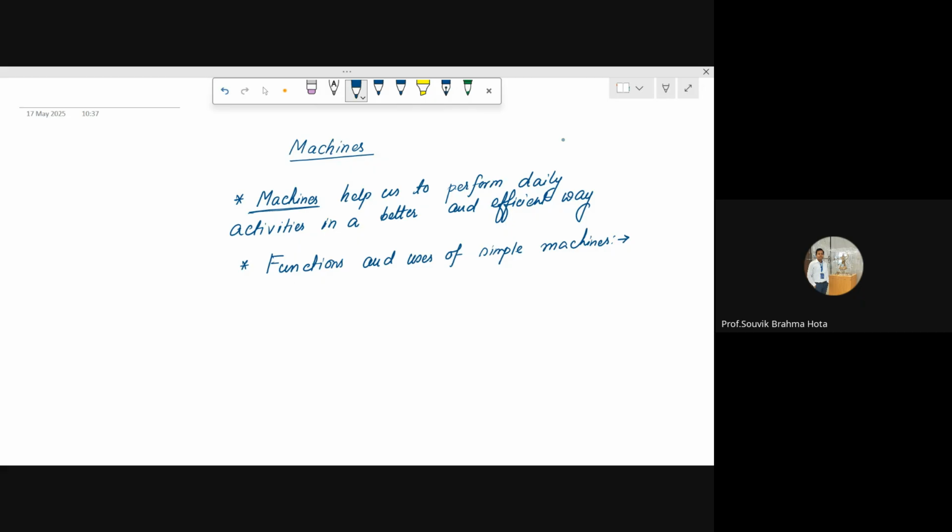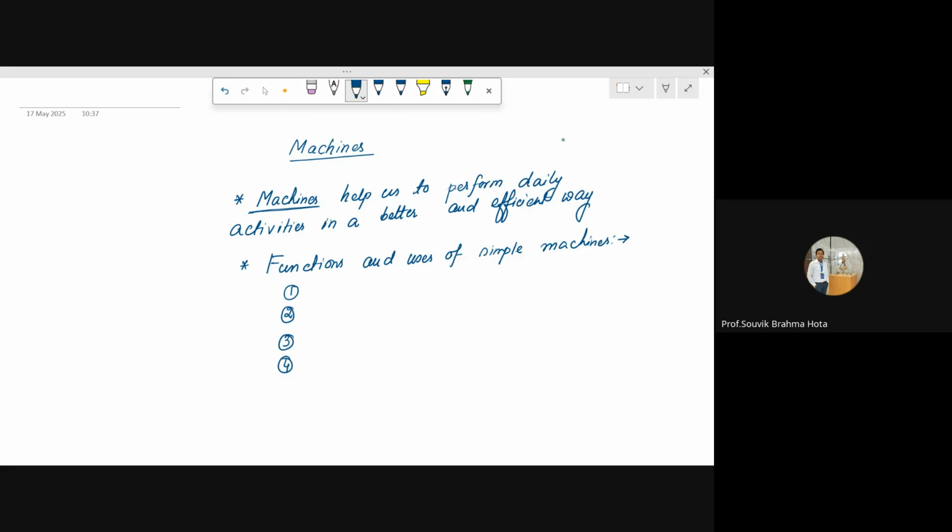See, machines can help us in the following four ways. These four ways in which a machine helps us, I will discuss now. Machines help us in the following four ways.